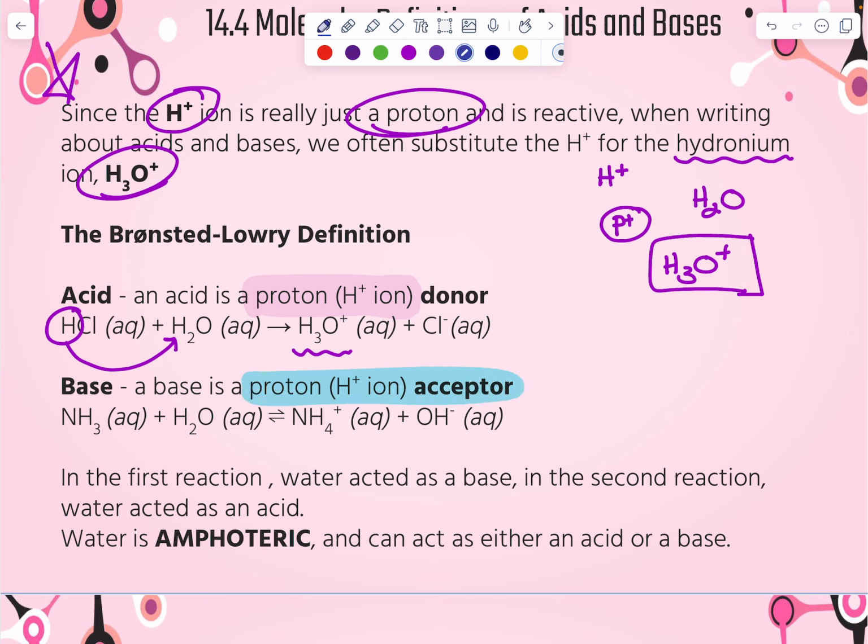It doesn't donate, it doesn't give its H, it takes the H from water. Remember, we had a way of writing water as HOH? Well, look at what has happened here. The NH3 has grabbed the hydrogen off of water, becoming NH4 plus and leaving this OH minus.